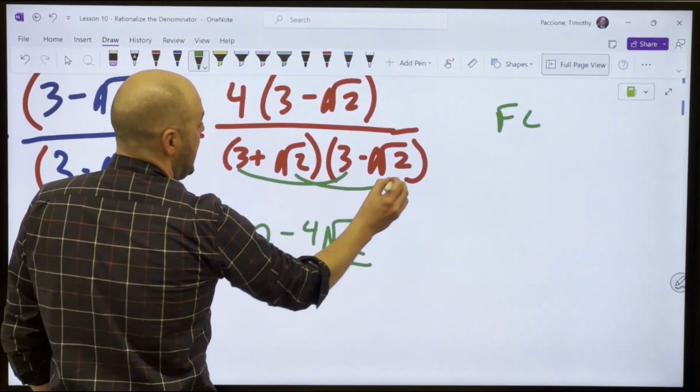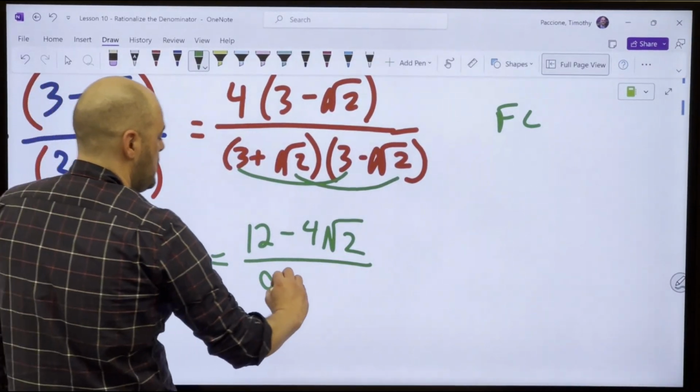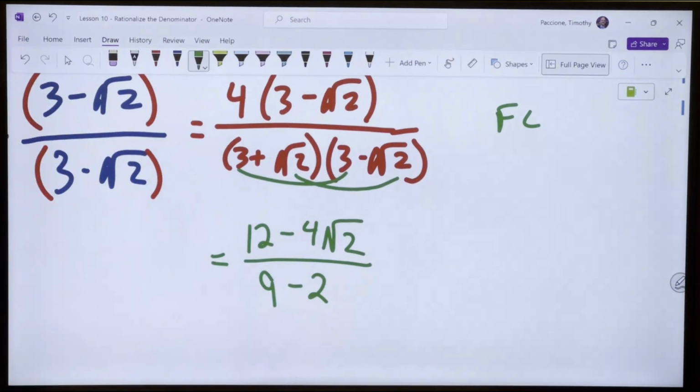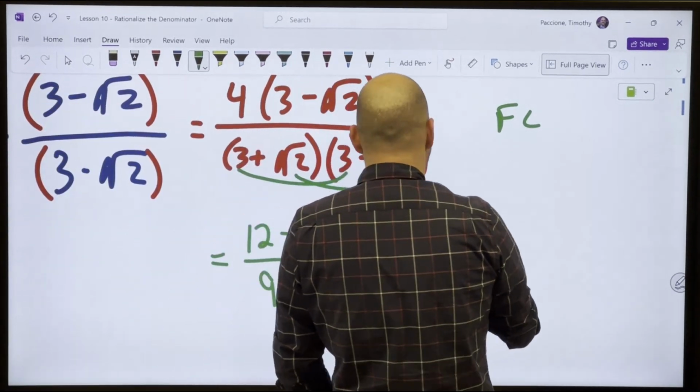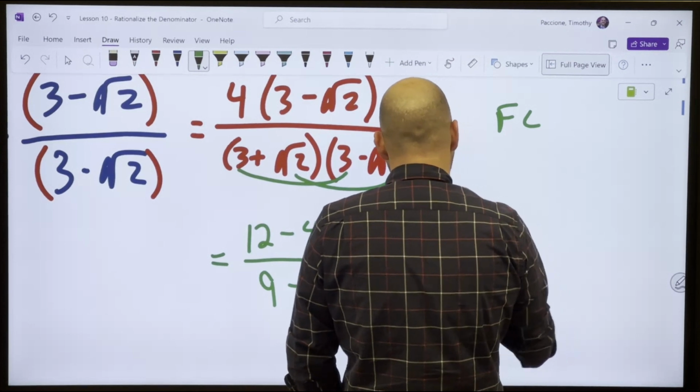And then last, square root of 2 times minus square root of 2 is minus 2. And I don't really need to worry about the middle terms. Conjugate pairs. So this is 12 minus 4 square root of 2 over 7.